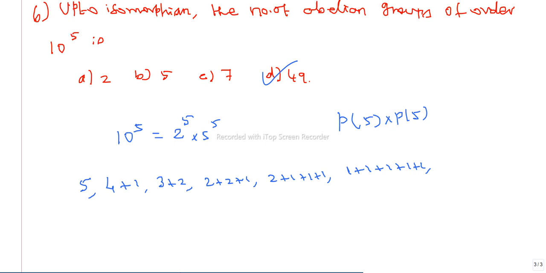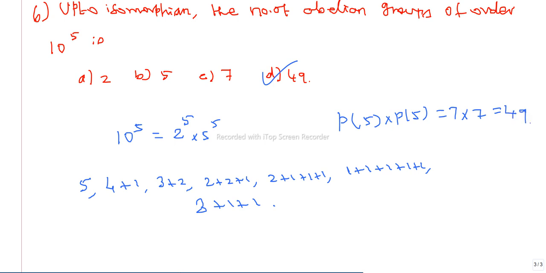What did I miss? Did I miss anything? 3 plus 1 plus 1. Yeah, very good, thank you. So totally we have 7. So therefore this is 7 into 7. Therefore we have 49.